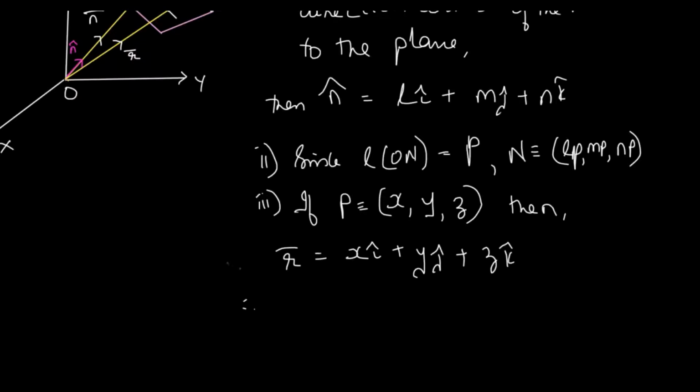Therefore, now remember what is n cap. N cap is Li plus Mj plus Nk, and R bar is Xi plus Yj plus Zk.